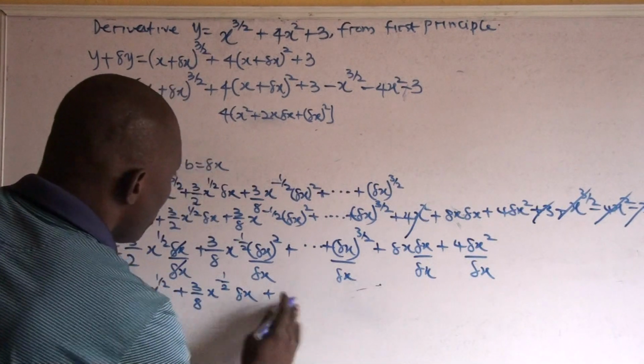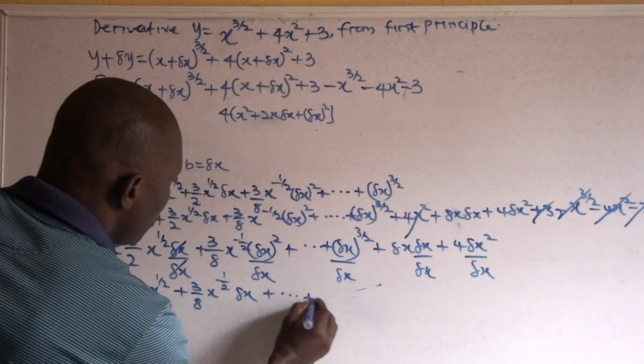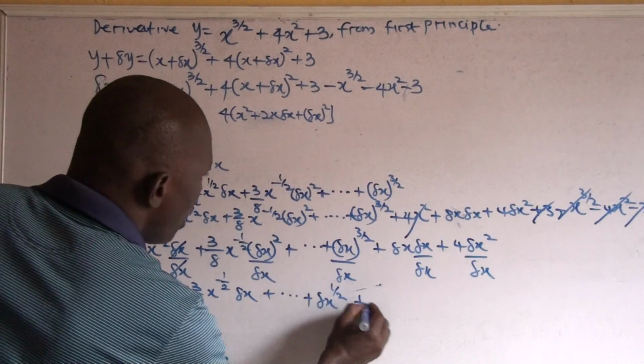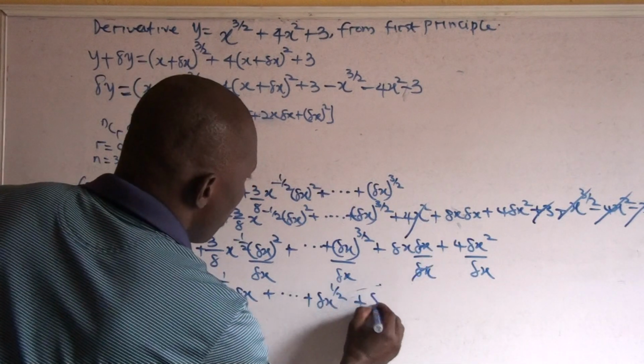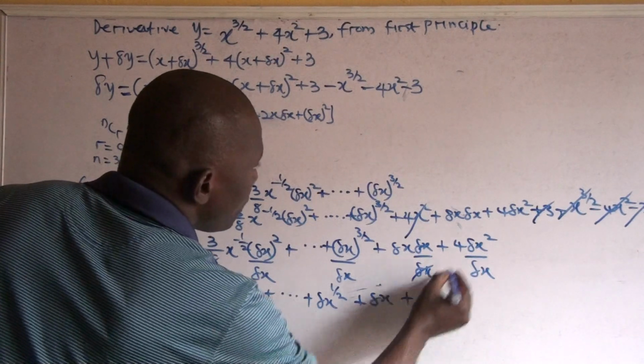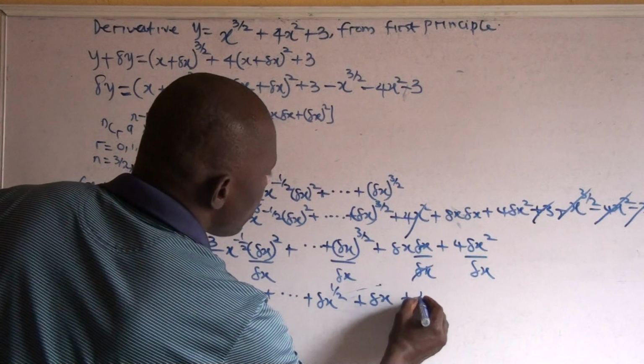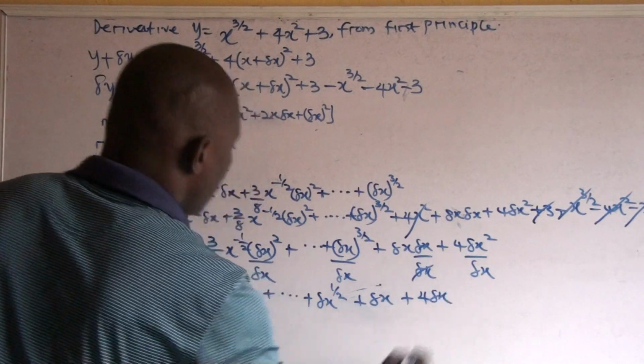So here we have plus delta x raised to power half. Here this will go with this, we have 8x, and 4 delta x squared divided by this, we have just 4 delta x.